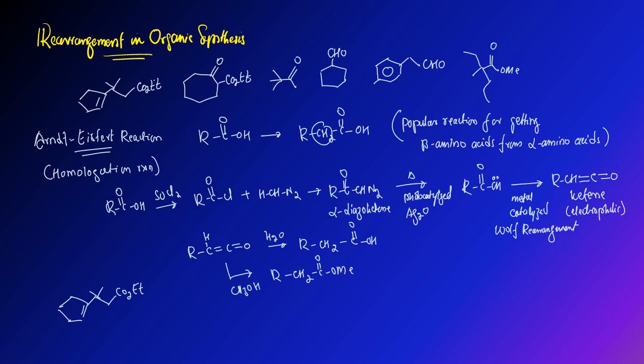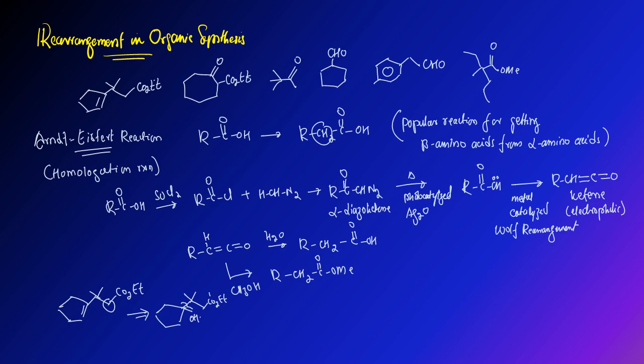If I break this, this is an extra group. If I break the molecule, or first subject it to functional group interconversion, OH, and now break it, which is 1, 4.